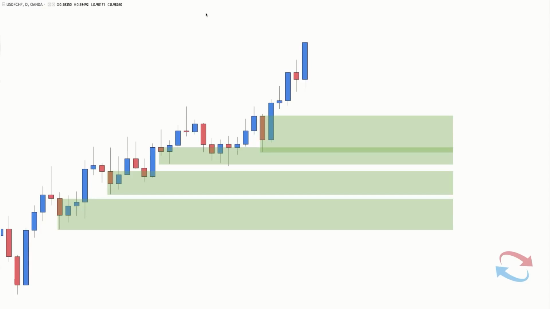This now makes the new high, get a pullback during the day, and then a new high. So now this area, the last bearish candle before prices make a new bullish move higher, is where we will now put our demand zone.